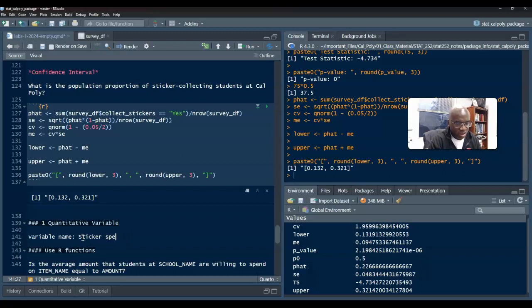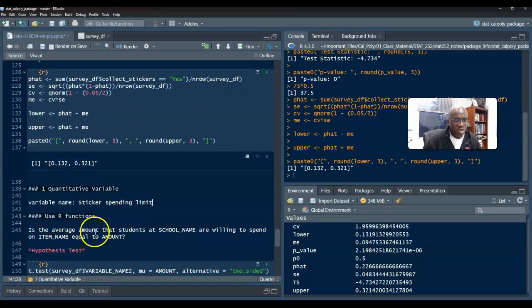sticker spending limit. Okay. And we want to see, let's say that in my question, I already have it written down. I want to see that if it's equal to $2 on average. Let's see if the population mean is equal to $2.